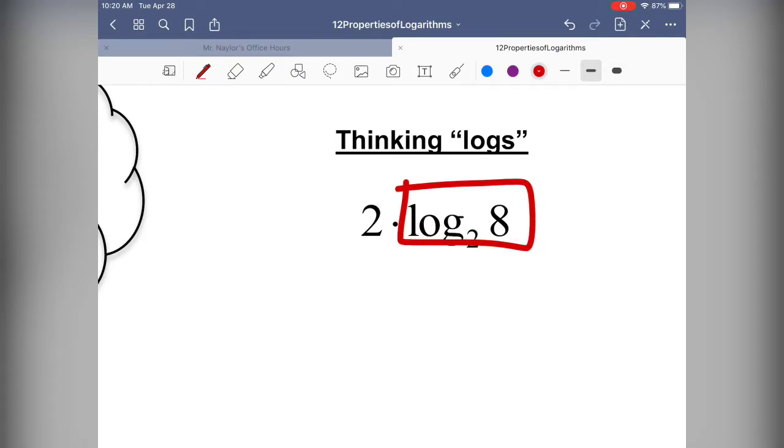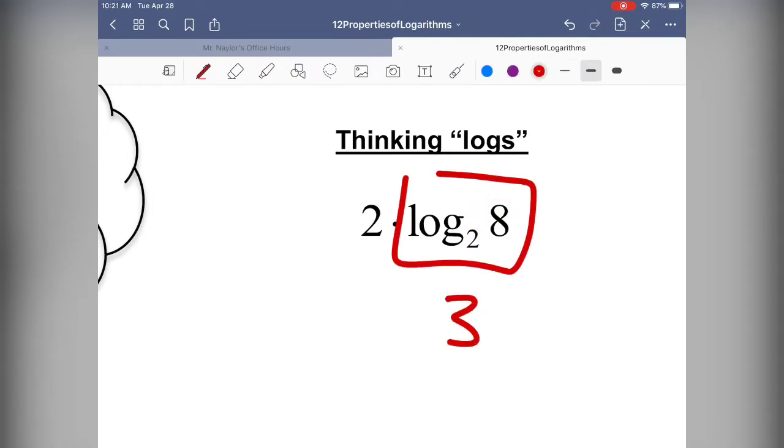Remember, that's the exponent you would put on this 2 to get the number 8. And the exponent you put on 2 to get 8 is 3. So now we're trying to figure out the value of 2 times 3, which of course is 6.